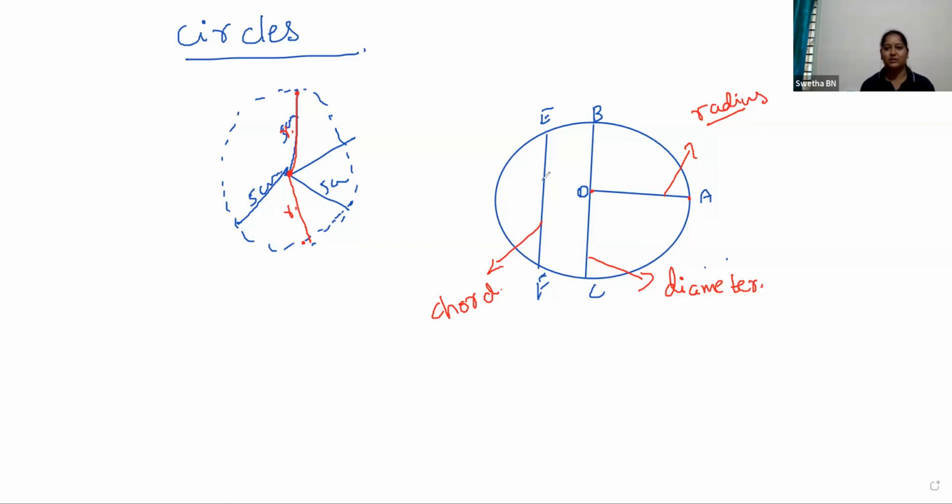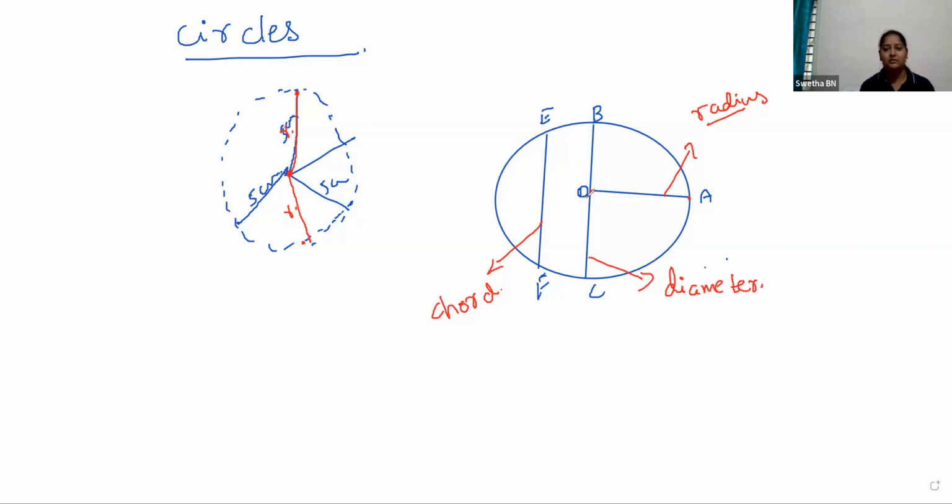Good, very good. For chord we are taking 2 points on the circumference, and for diameter also we are taking 2 points on the circumference. But chord is not passing through the center, but diameter must pass through the center. That is the difference between the chord and the diameter.